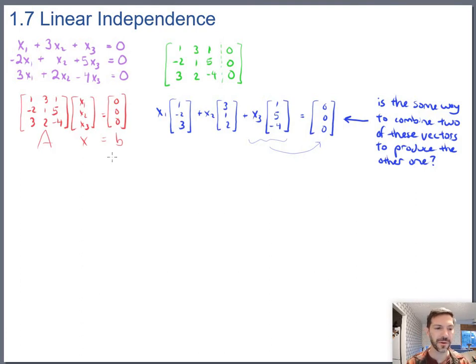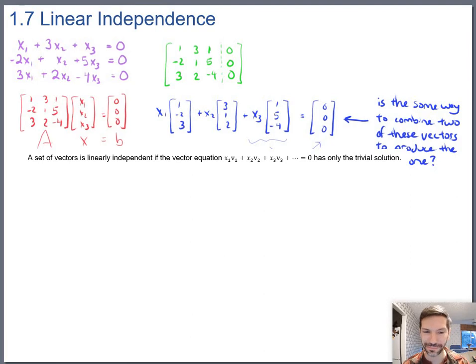So let's introduce the formal definition. Actually, the formal definition is in the book. This is my slightly simplified version. A set of vectors is linearly independent if the vector equation x1 times v1 plus x2 times v2 and so on equals 0 has only the trivial solution.